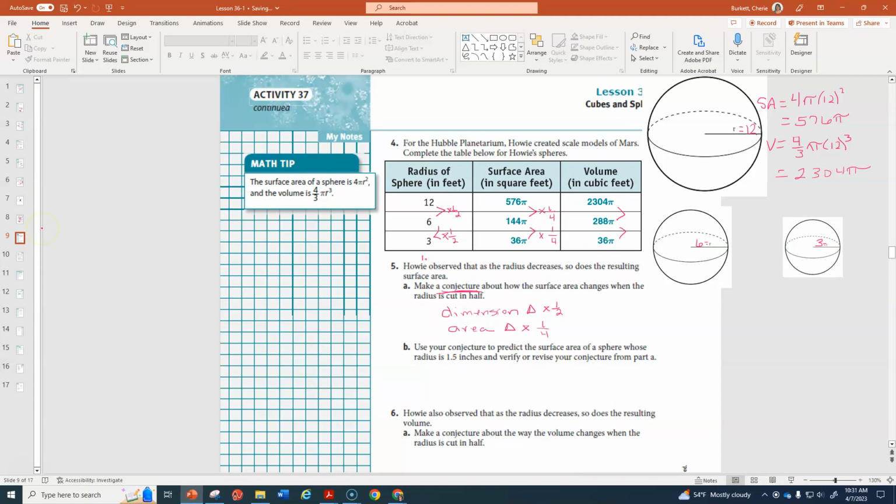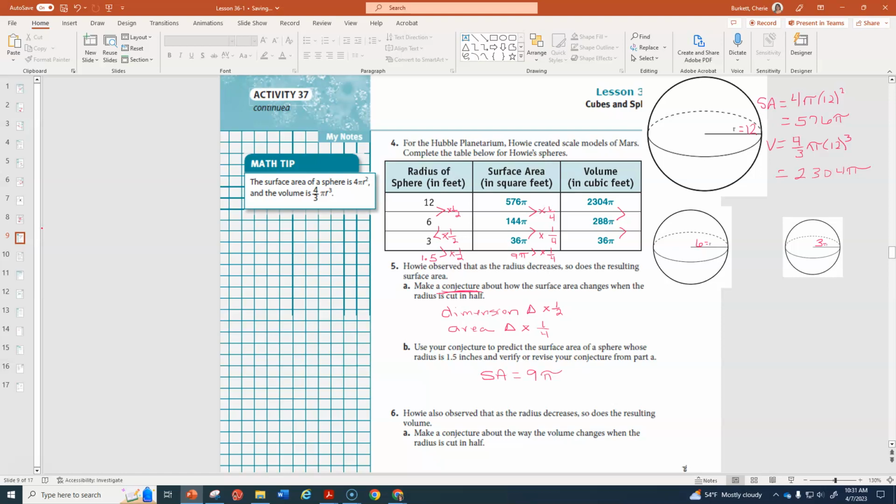So that would be the next half in my table right here. I take half of that one. Then for this 36 right here, I'm going to find 1/4 of that one. 36 times 1/4, I believe, will be 9 pi. So my prediction is that the surface area will be 9 pi.